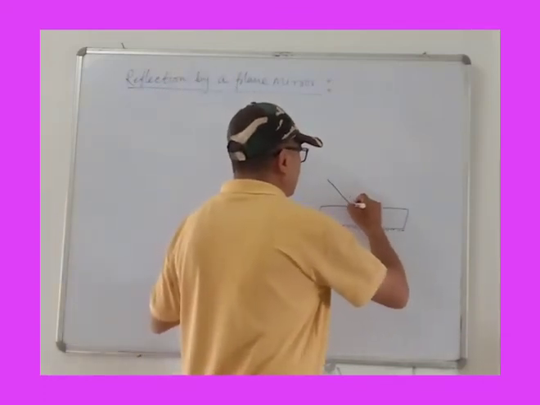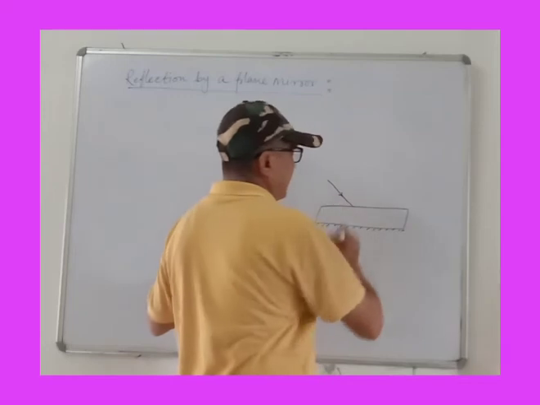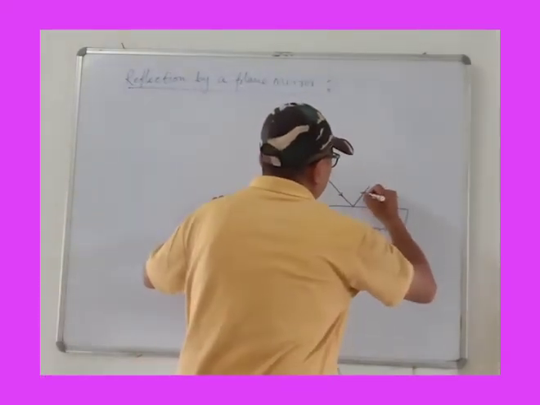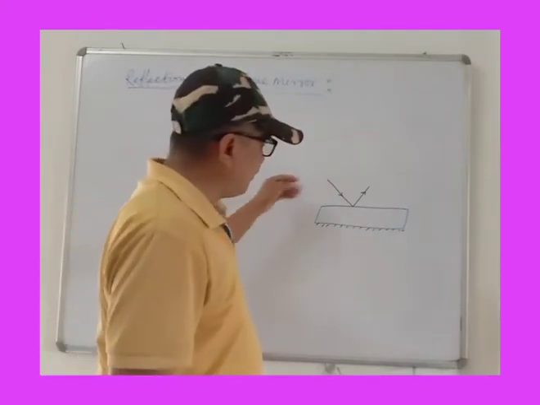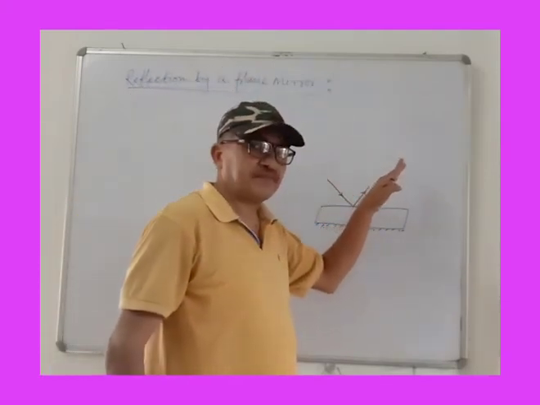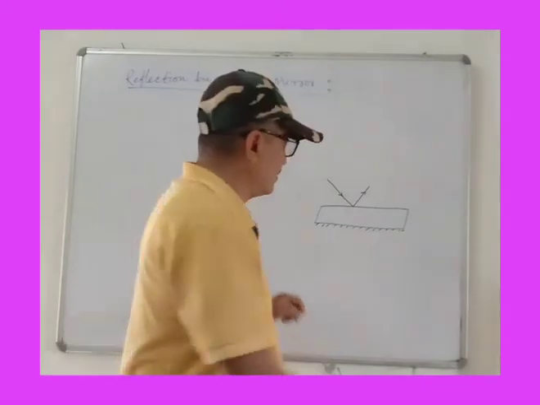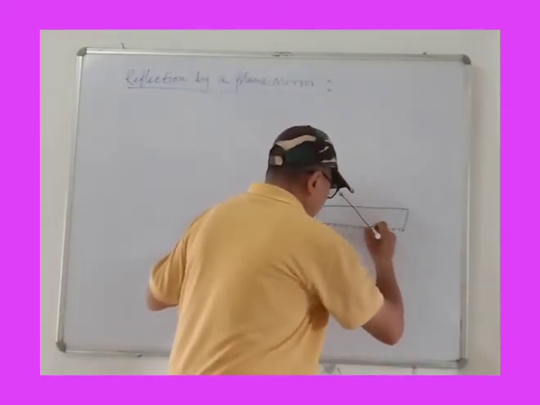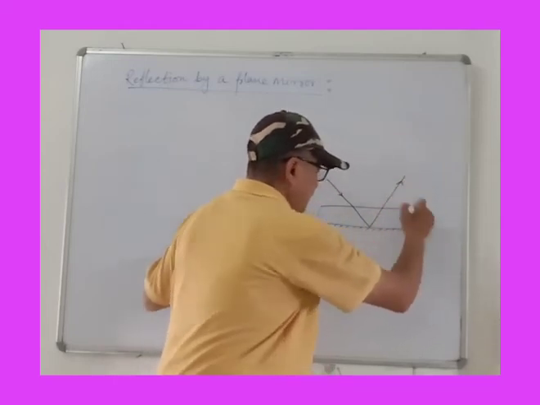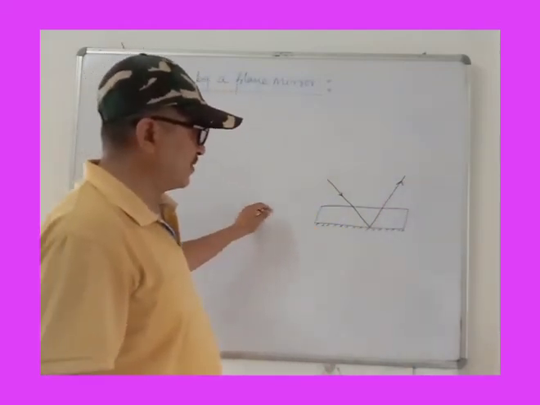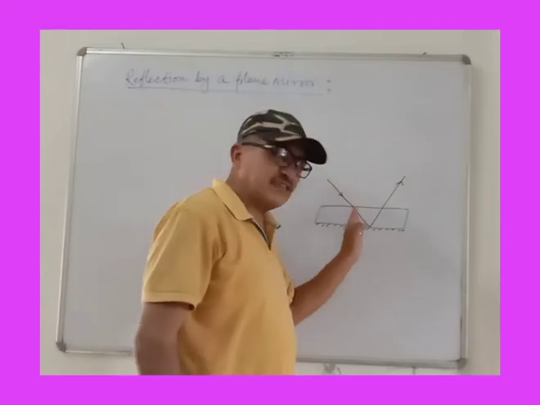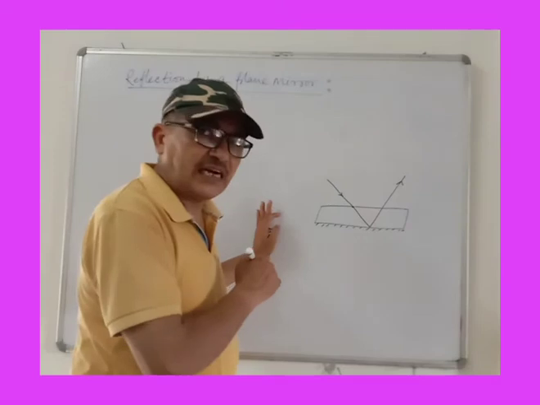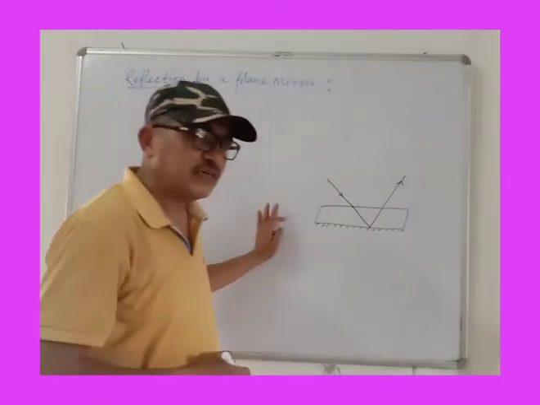When light falls, from where will it reflect? We are showing that it reflects from here, but it's not the fact. It reflects from here. Ask me why. Light enters in this manner. Light does not reflect from here. Light reflects from here. Why?